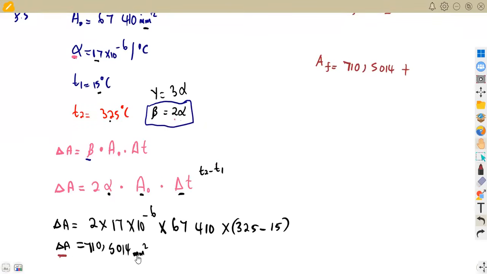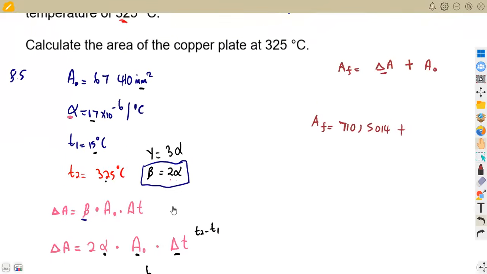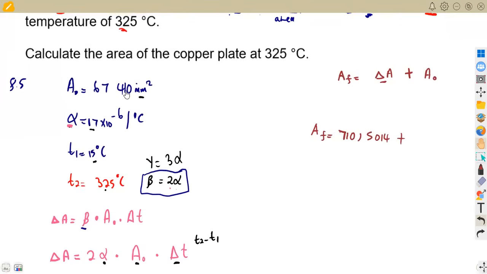Since we used square millimeters, add also the original area in square millimeters. If you use square meters, then also use square meters, all right? So we add 67410. If we add, we obtain our final value, which is 68120.5104, at 3 decimal places. You can just leave it like this in square millimeters.